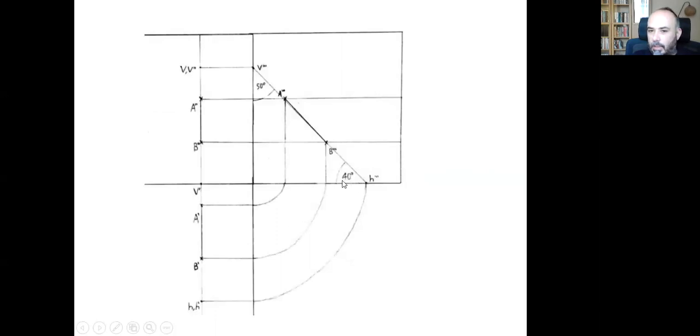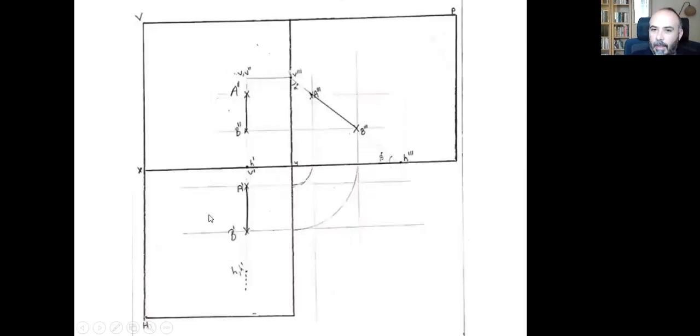We are not interested in the actual amount of the angle. You don't need to calculate or find it. You just need to know that that's the projection. That's why we use alpha and beta to indicate that. Okay.